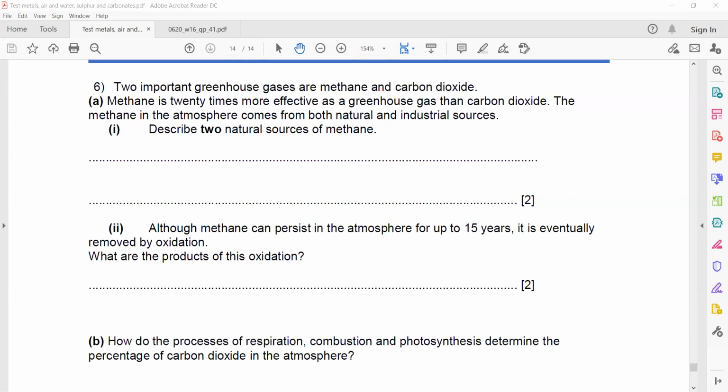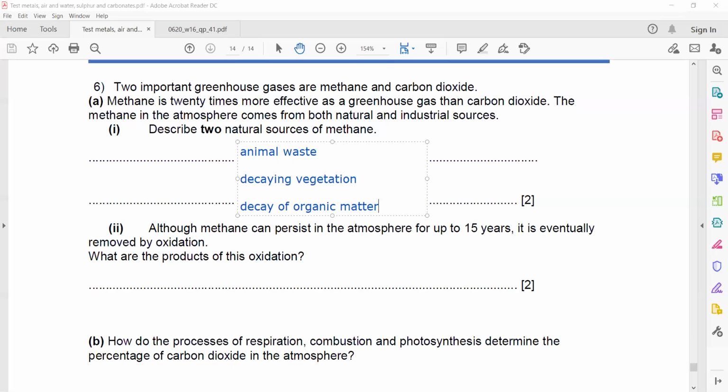Methane comes mainly from animal waste or decaying vegetation, or decay of organic matter. These all result in a release of methane gas.